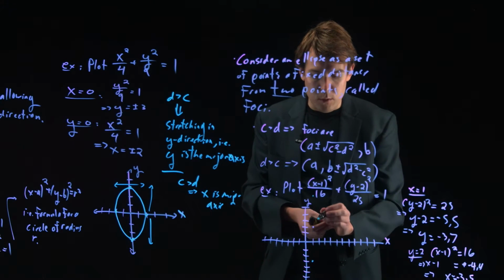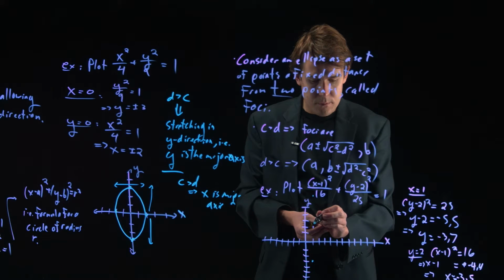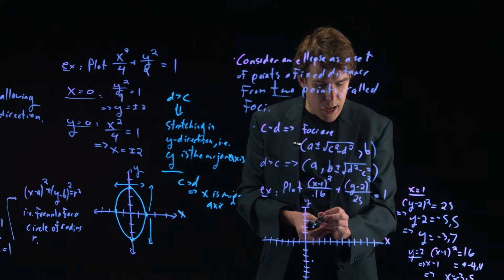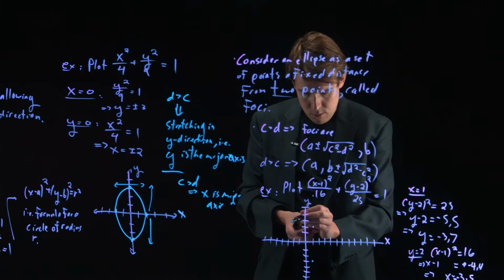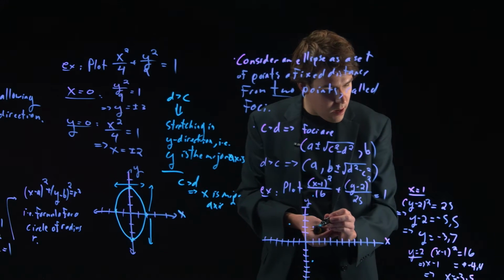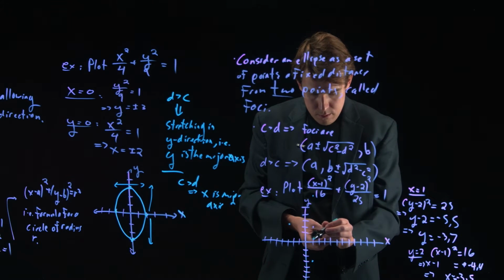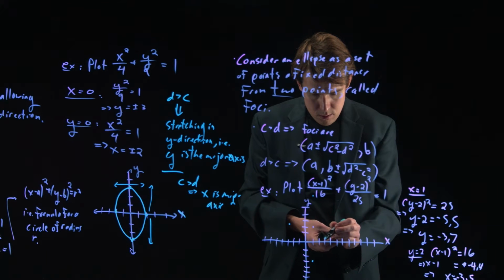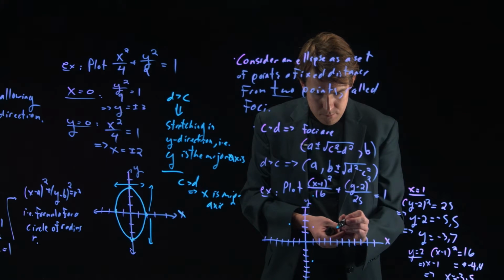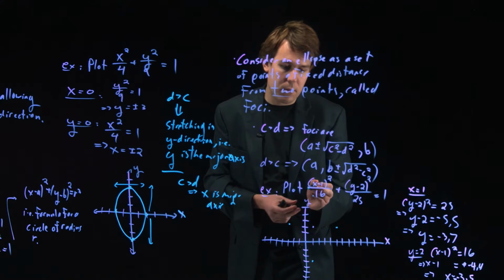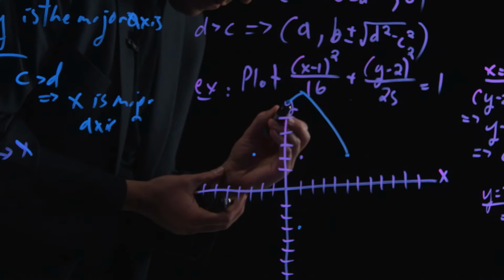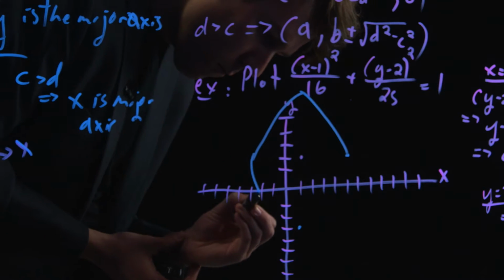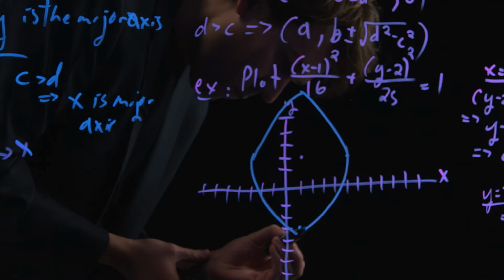And when y is equal to 2, x will be equal to negative 3 and also positive 5. So the picture is something like this. Approximately.